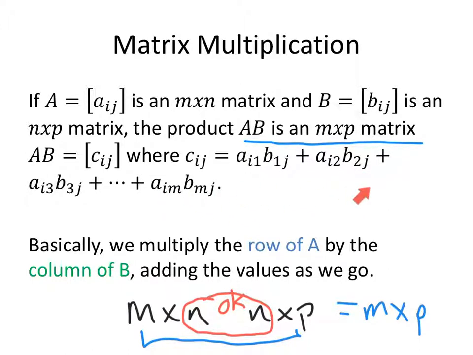But this looks hard. It's not hard. Don't let it be hard. I can't believe I wrote an M there. That should be an N. Basically, what it comes down to is we take the rows of A and the columns of B, and we multiply, adding the values as we go. Let's look at examples.